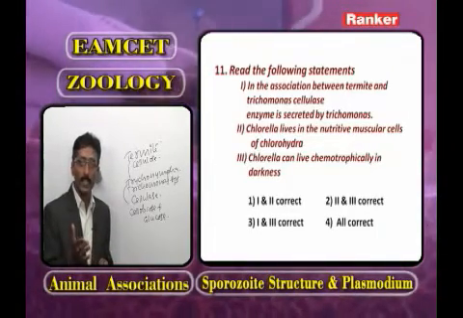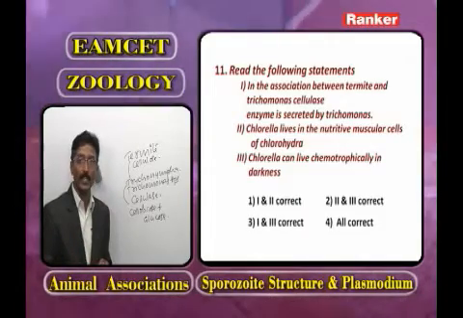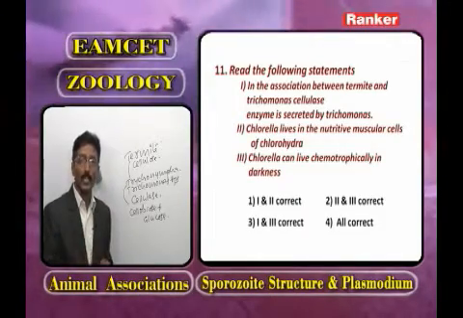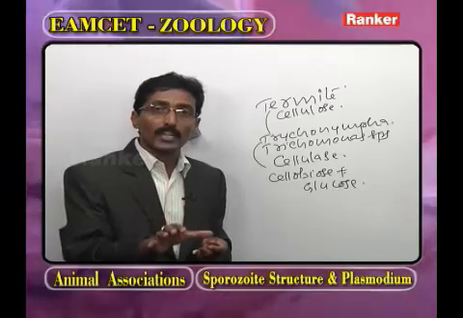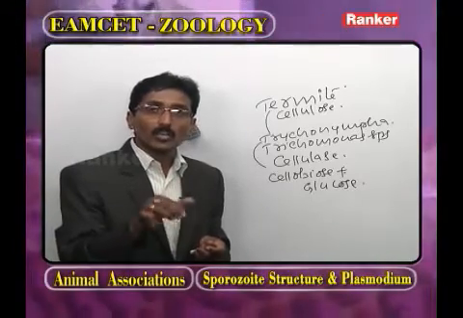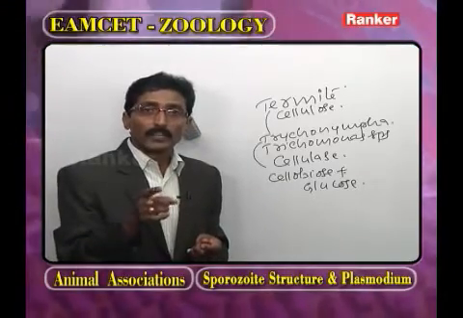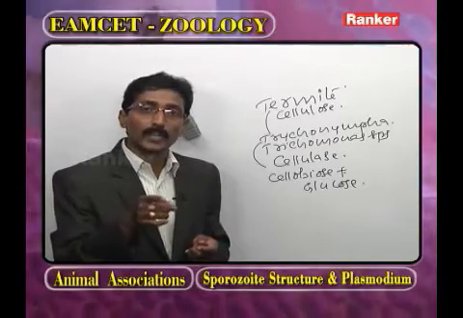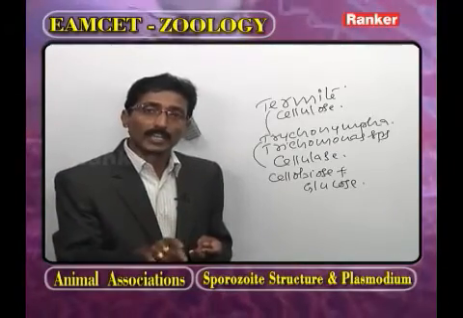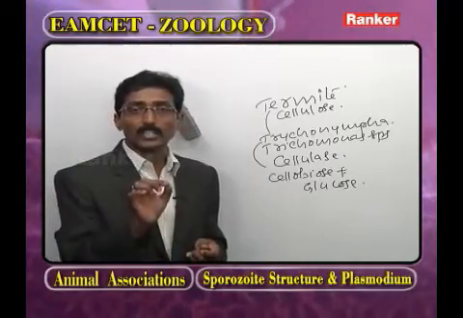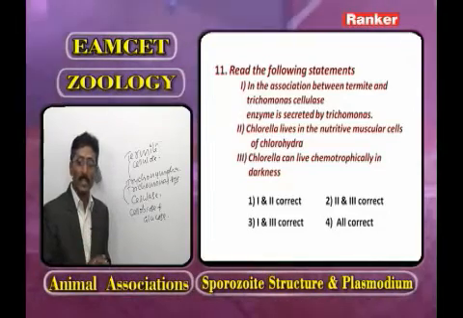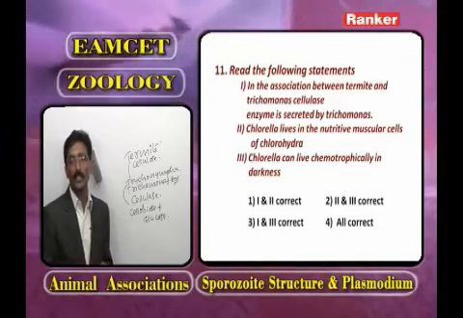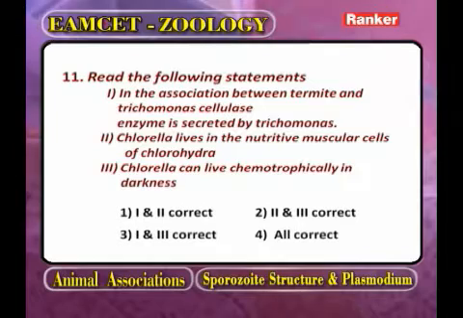Preparing food materials using metabolites or chemical energy is called chemotropism. Now the three statements are correct. The correct answer for this question is that all statements are correct.